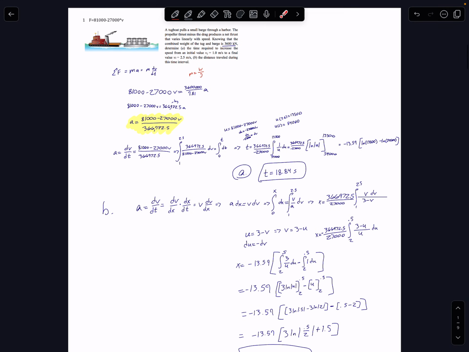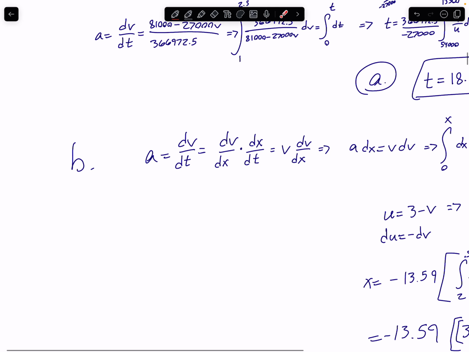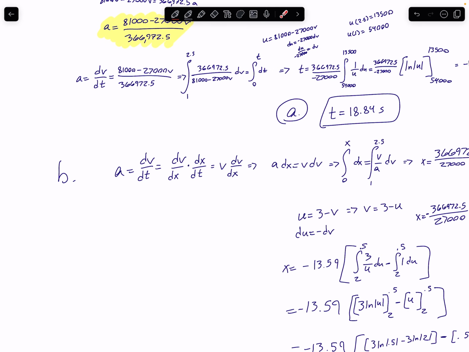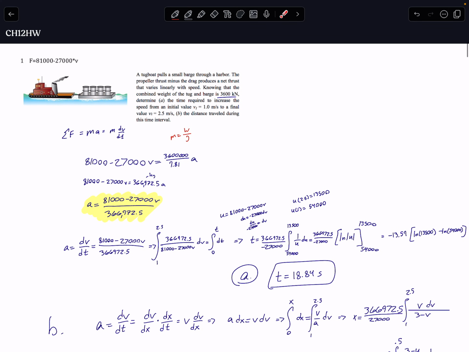And then for part B, we are looking for the distance traveled during this time interval. A way to do this, or how I did it, is we know acceleration is equal to the derivative of velocity with respect to time. So instead of dv over dt, we can do dv over dx times dx over dt, which you might recognize as just velocity.